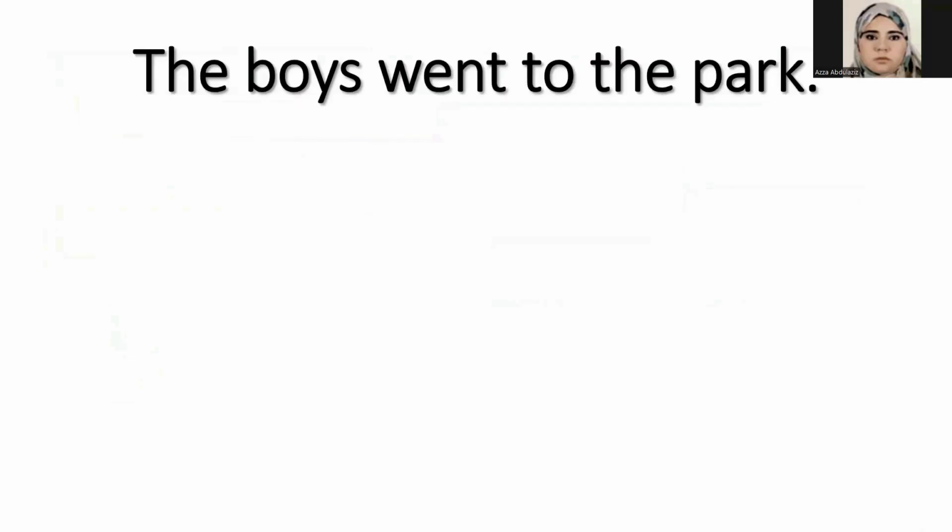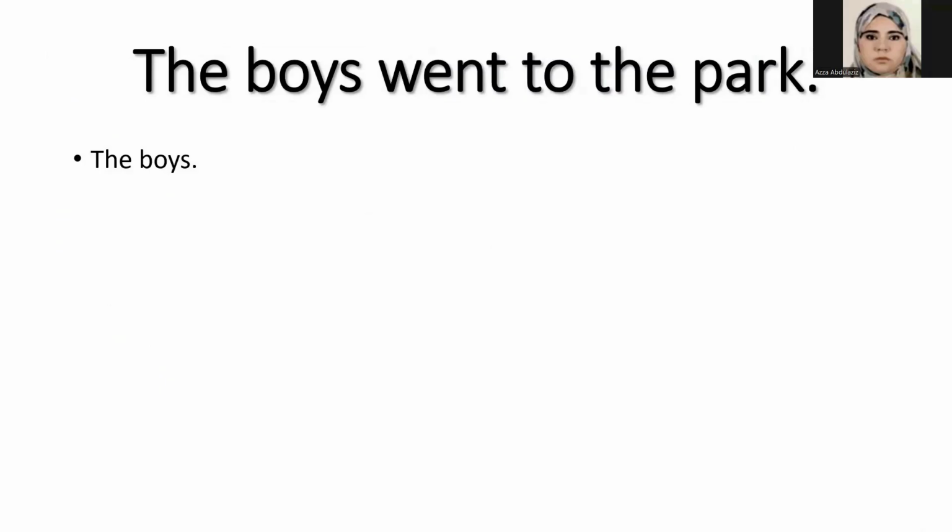Firstly, let's consider this example. The boys went to the park. What is the subject here in this sentence? It's the boys. Do you know what I mean by the subject? The subject is the person or the thing that is doing the action.